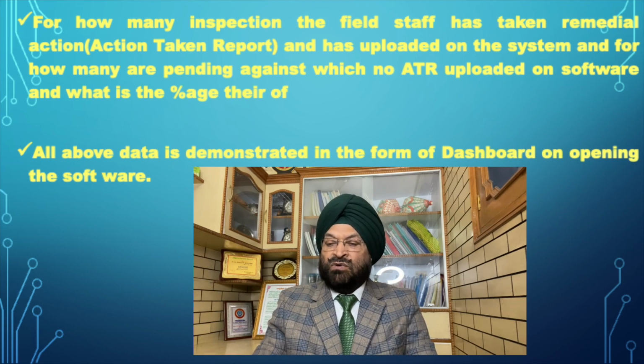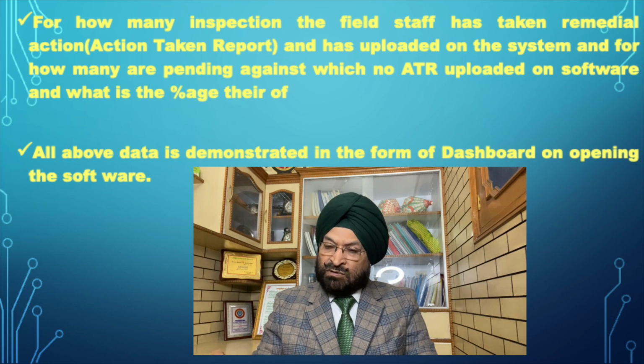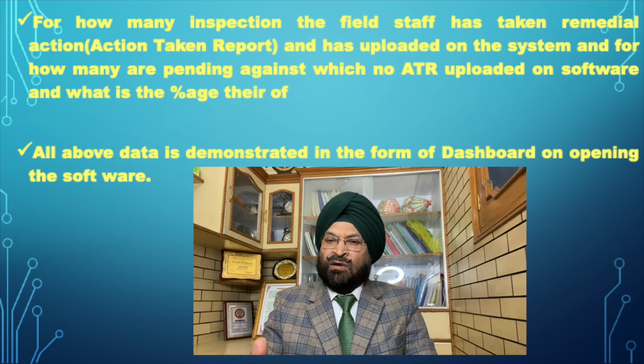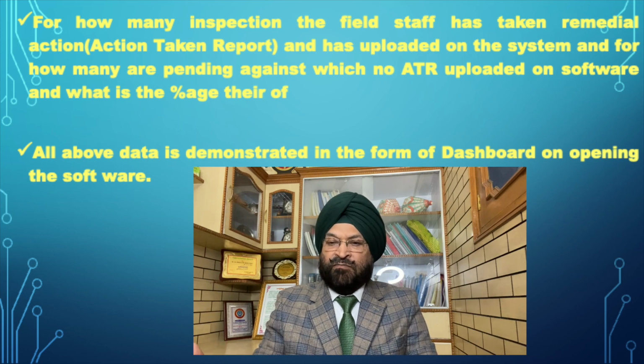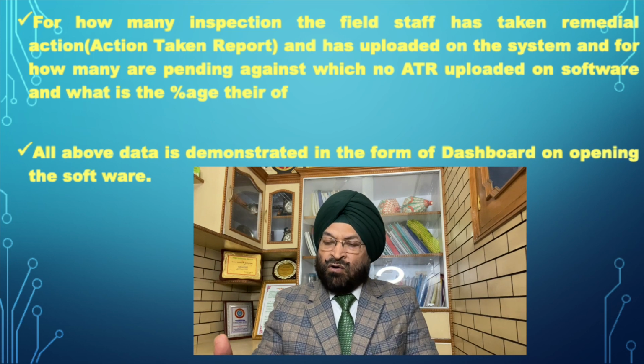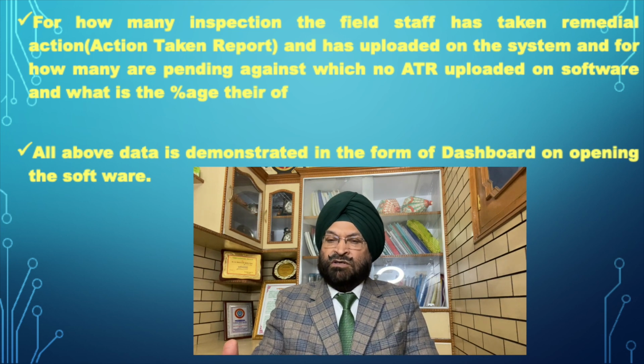So the system provides that the field staff will immediately rectify and upload in the system that such deficiencies have been removed. Then further, suppose there are 10 adverse observations. For how many observations has the staff taken action? ATR will tell it.